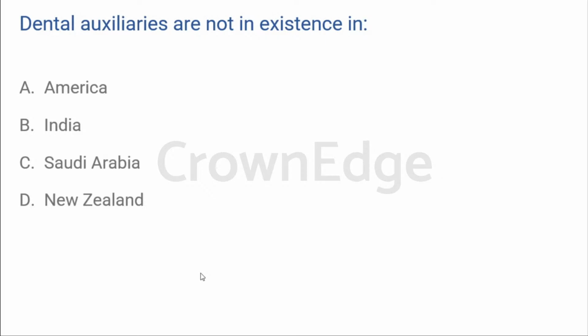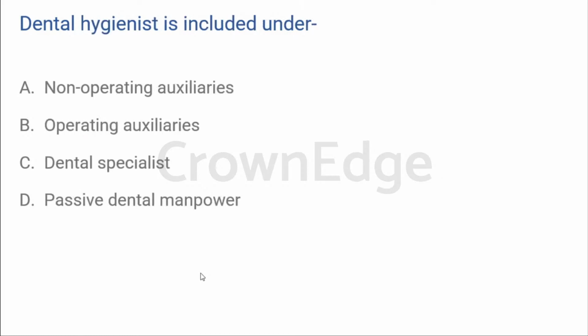In fact, the USA has the highest number of dental hygienists. Similarly, in India, the Dentist Act basically gives permission for dental hygienists and dental technicians to be trained and work. In New Zealand, well, that is where your school dental nurse came from. So in Saudi Arabia, you as such actually do not have dental auxiliaries.